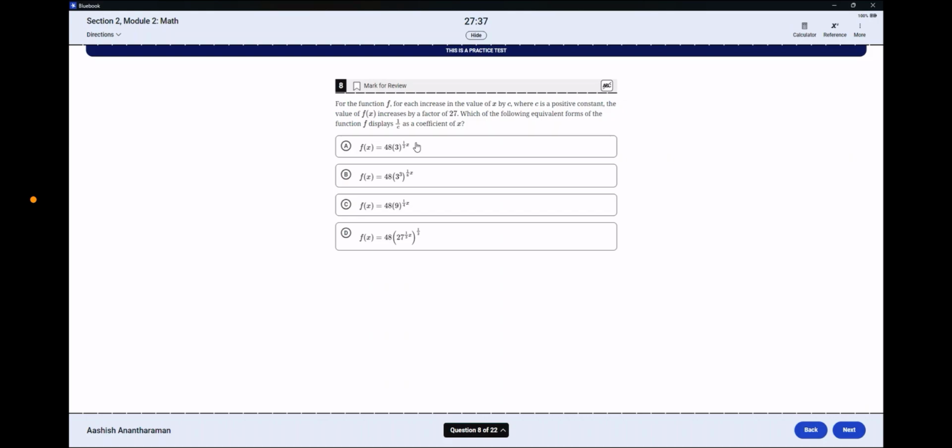Okay, so in this case, let's look at each choice one by one. If c is a coefficient of x and a, that means c is 2, right? So if x increases by 2 in this case, you're going to have 5 halves x.